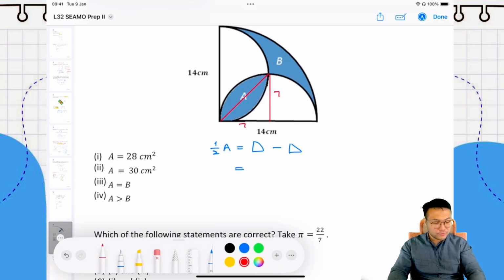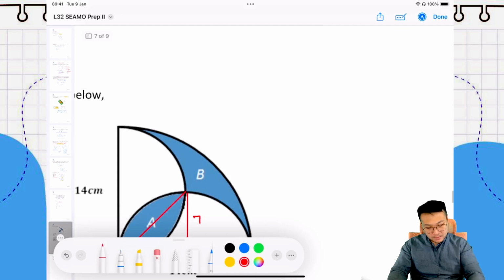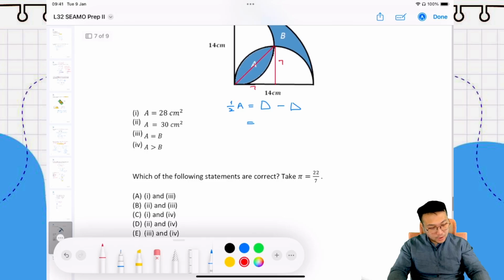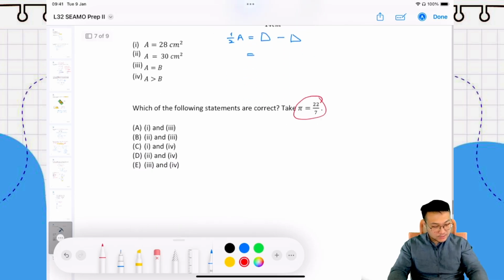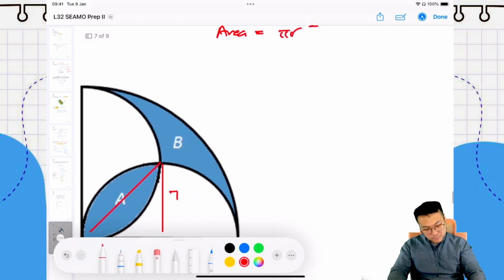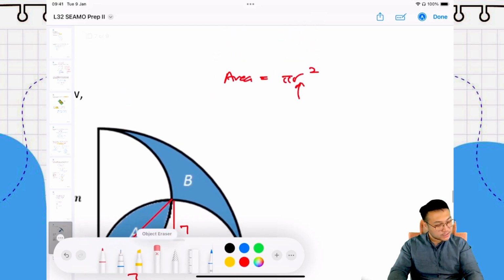How do you find the area of a circle? The area of a circle is pi r square. Pi can be 22 over 7 or 3.14. Now in this question, they say pi is 22 over 7, so we just use 22 over 7. What is the radius? R stands for the radius.